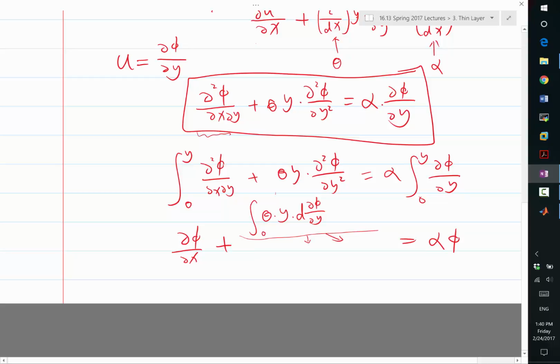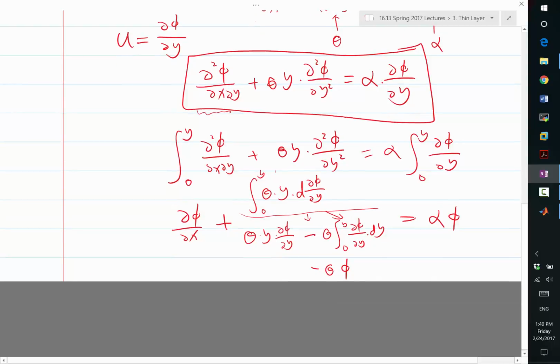One term is the boundary term, that is theta times y times partial phi partial y across the boundary from 0 to y, but at 0, y is equal to 0, right? So this is only at y, the boundary term. And then subtract an integral of theta times the integral of partial phi partial y times dy. So what is that? That's just theta phi at y, right?